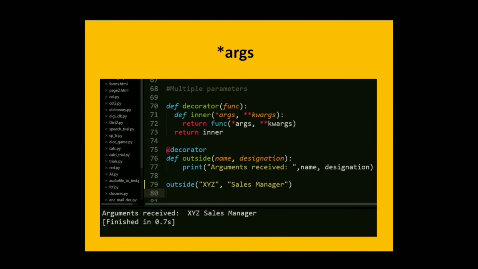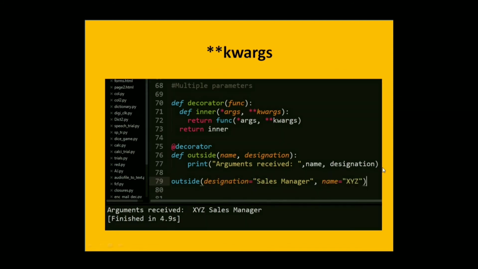It will really help you out. Next, **kwargs is the same thing, but if you notice here, I'm assigning designation and name to their appropriate variables, to their keywords, so that I do not have any problem even if the order is rearranged. Now that is the benefit of kwargs over args. All right, I hope you all got this.